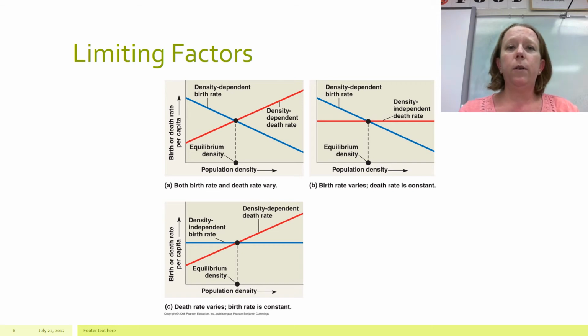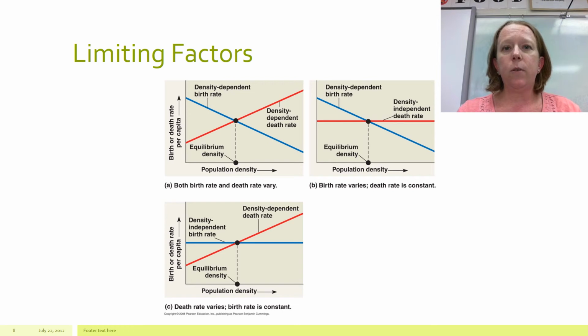For example, there's a dune fescue grass whose death rate is controlled by a density independent factor, which is the shifting dune sands exposing the roots. It doesn't matter at all how much grass there is.